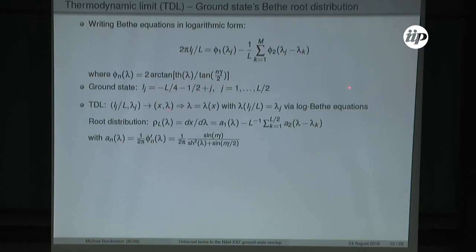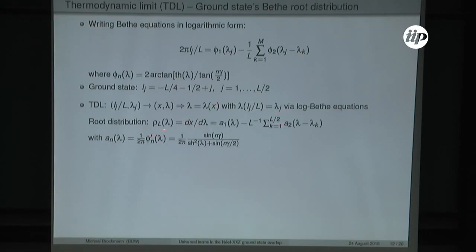The thermodynamic limit can be performed in the following way. You just replace in this equation I_j divided by L by a variable x, and lambda_j by a variable lambda. Via these equations, lambda is a function of x with the property that if you insert I_j over L for the variable x, you get lambda_j back.